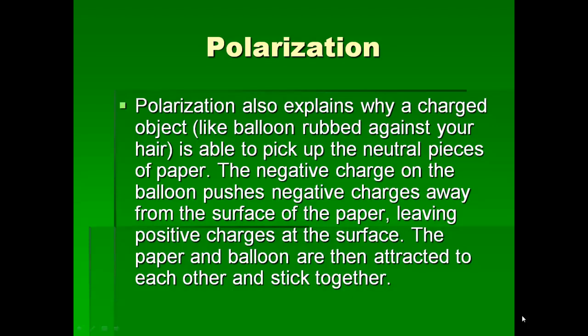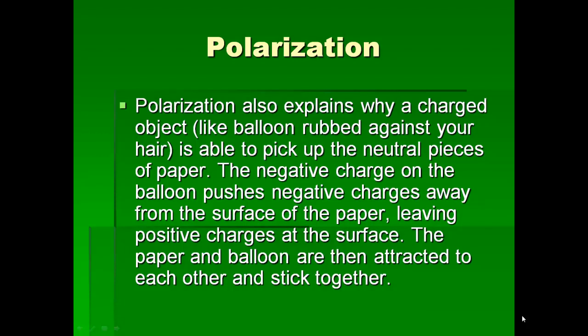Polarization explains why objects like a charged balloon can do neat tricks like picking up pieces of paper. The negatively charged balloon forces electrons in the paper to the opposite side away from the balloon.